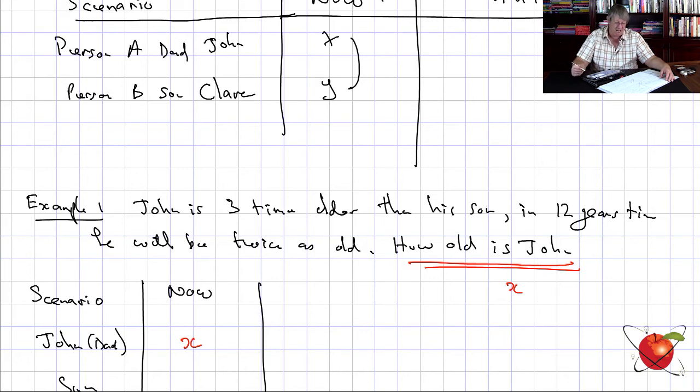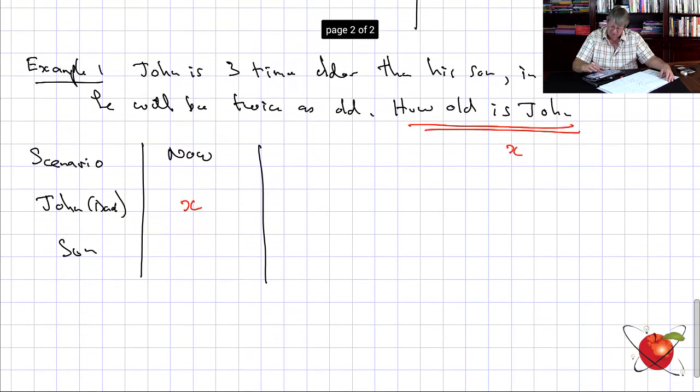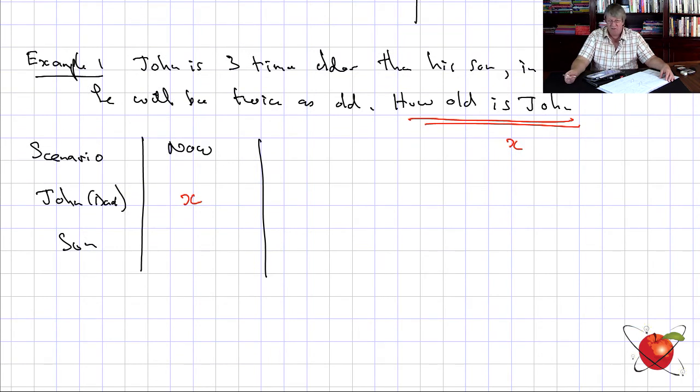And they say John is 3 times older. 3 times means multiply. Now, if you're unsure what to do here, what we do is this. Let's say for example the dad is 30. We've picked an arbitrary number. It's not the answer. We're just choosing a simple number.